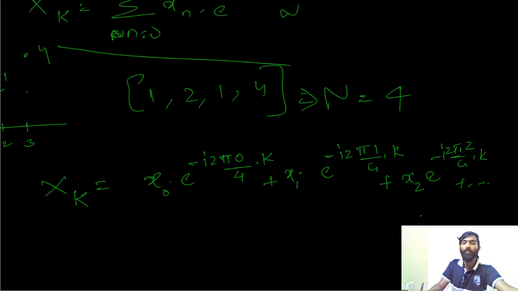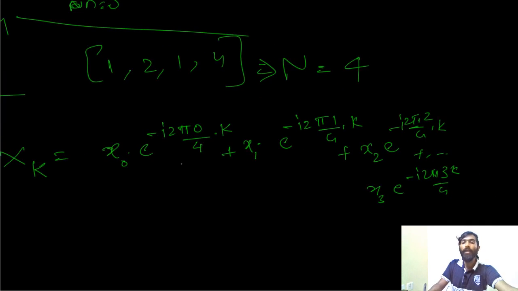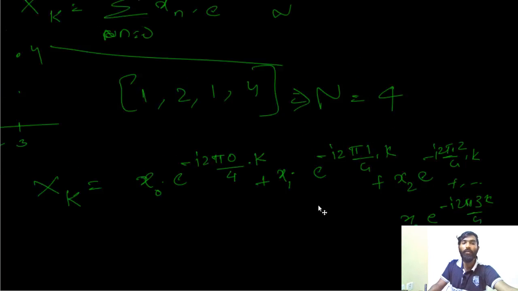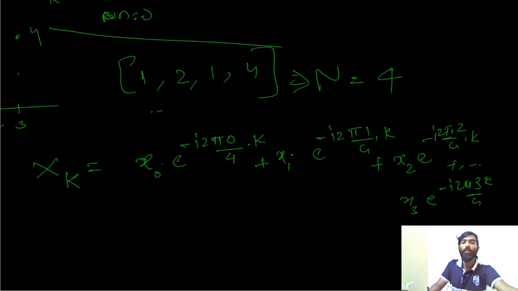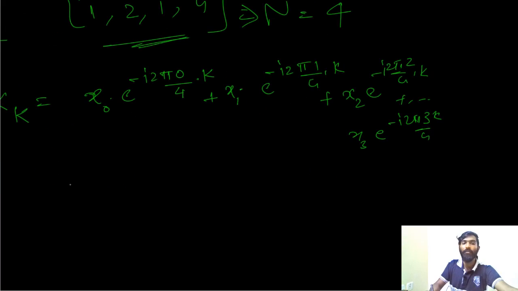There's one more term, let me write it out: 2 pi 3k by 4. Here x0, x1, x2 and x3 are 1 2 1 4, the signal terms, right? So if I put them in here, this is e power 0, so 0 into anything is 0. E power 0 is 1 and x0 is 1. So I have 1.